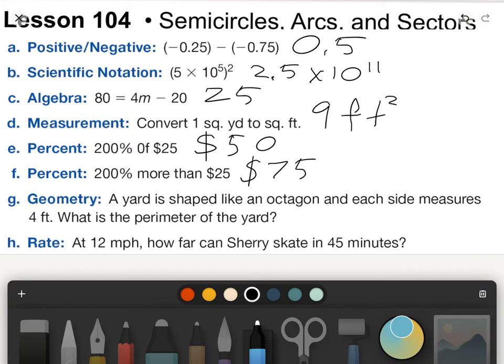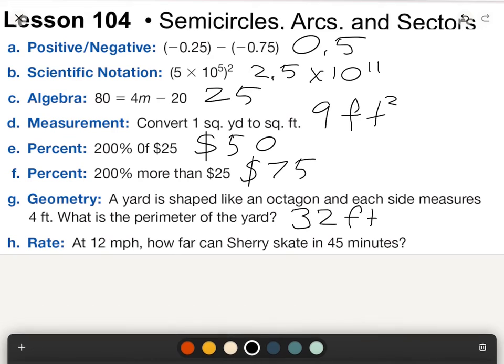This seems surprisingly simple, really, as well. If the yard is shaped like an octagon, each side measures 4 feet, then the perimeter is going to be, shockingly, 4 times 8, is 32 feet. I know, it sounds crazy.